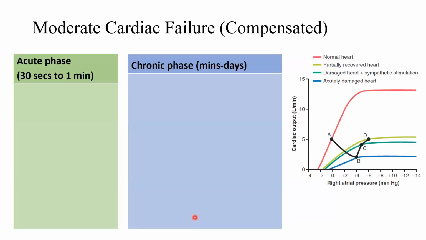Okay, so we are now talking about the compensated cardiac failure. We looked at the acute phase. We look at the chronic phase. The acute phase is 30 seconds to a minute, so it's a very tight window really, and you can see how seconds count post cardiac failure.